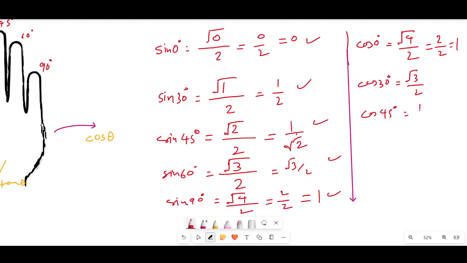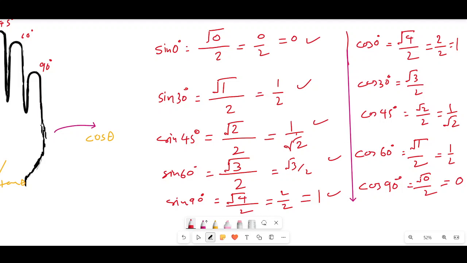Then 2 is remaining, root 2 by 2, 1 by root 2. What is the value of cos 60? 1 is remaining, root 1 by 2, 1 by 2. What is the value of cos 90? 0 is remaining by 2, so 0.